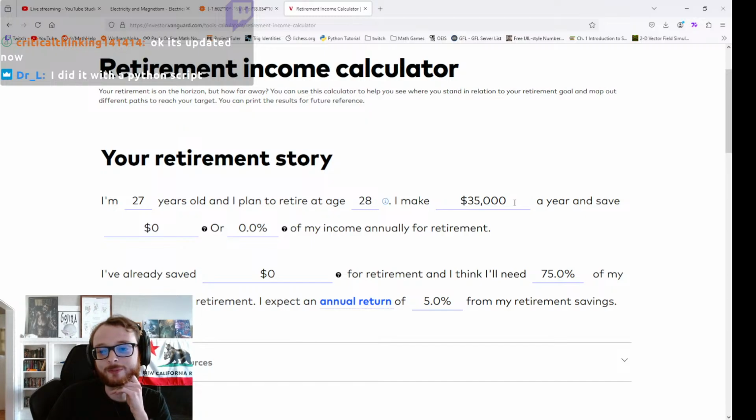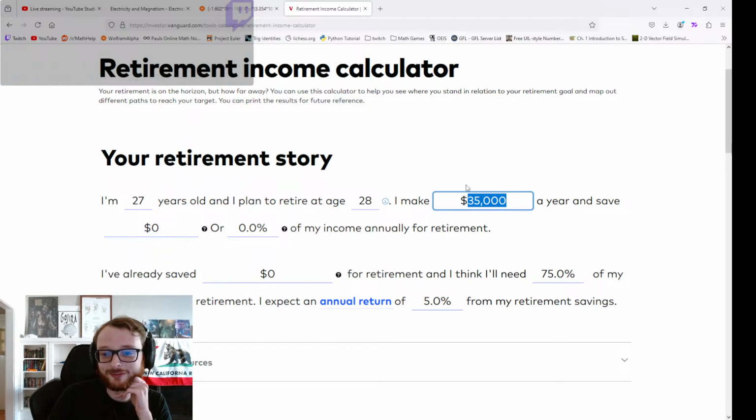You did it with a Python script? Oh, yeah. I wish I made $35,000 a year right now. I don't want to enter the information like this though. If I want to have say $4,000 a month in retirement, that's $48,000 a year.